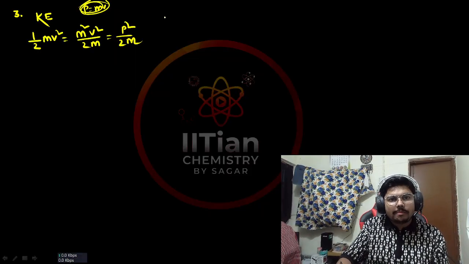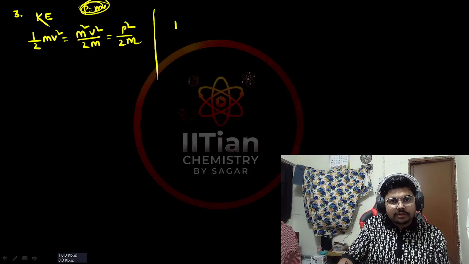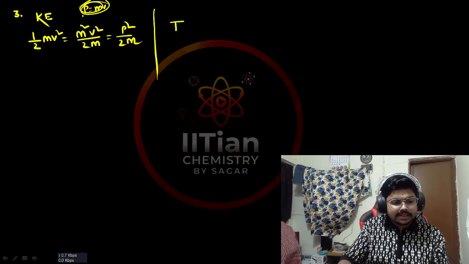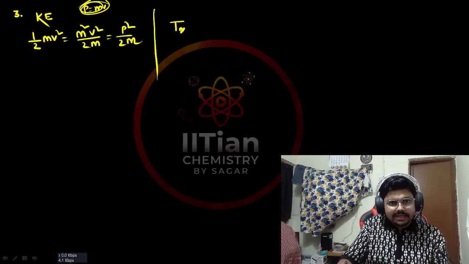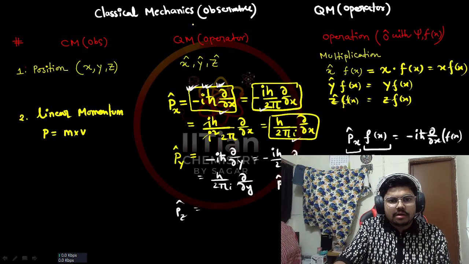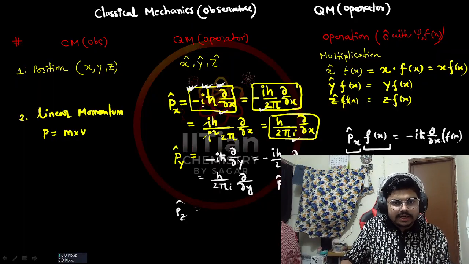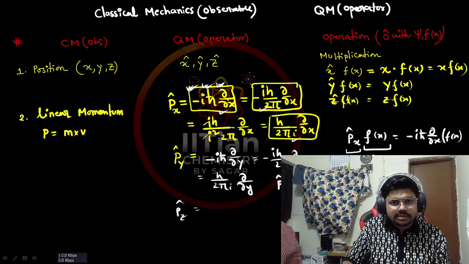Now what will be the operator here? It's very simple. Kinetic energy is denoted by T. In the x direction, when there was only p, it was minus i h cross del x.